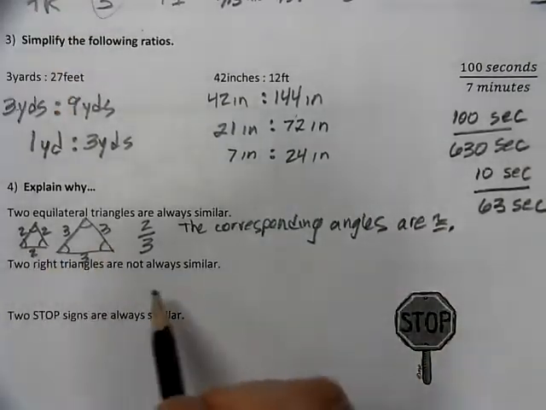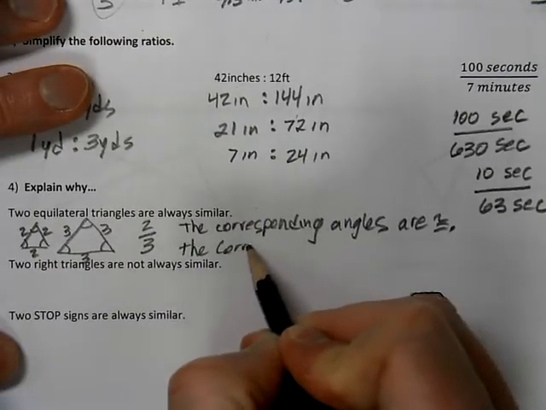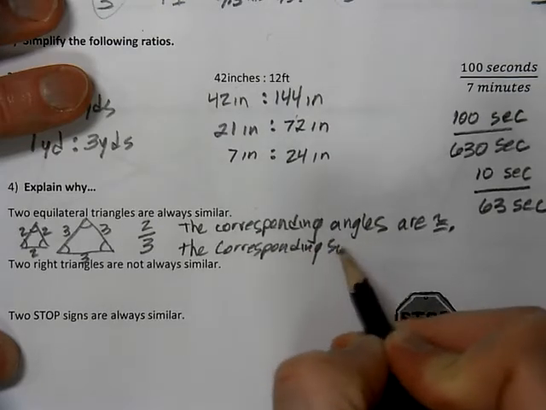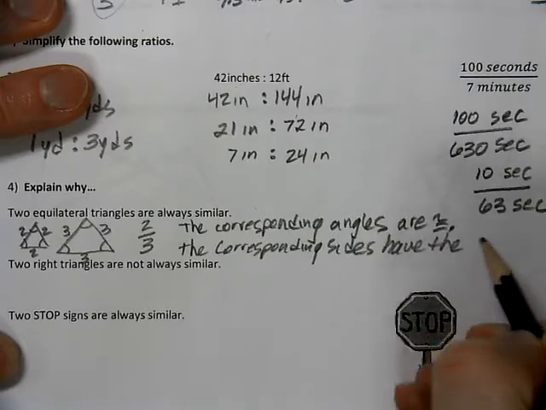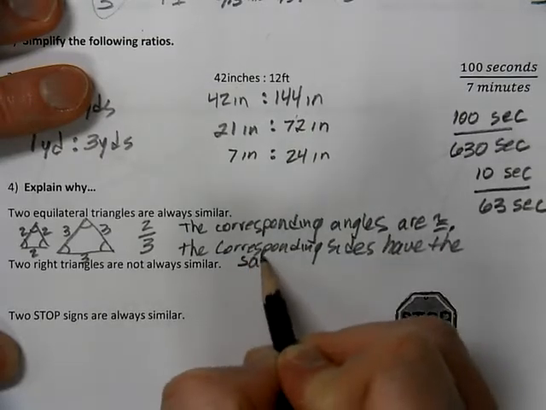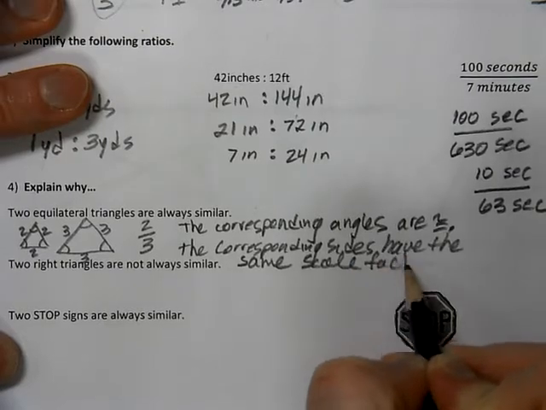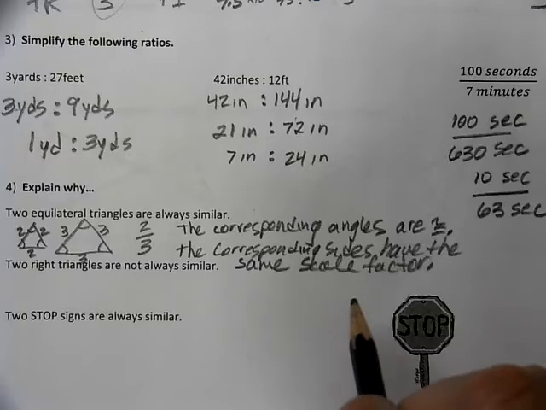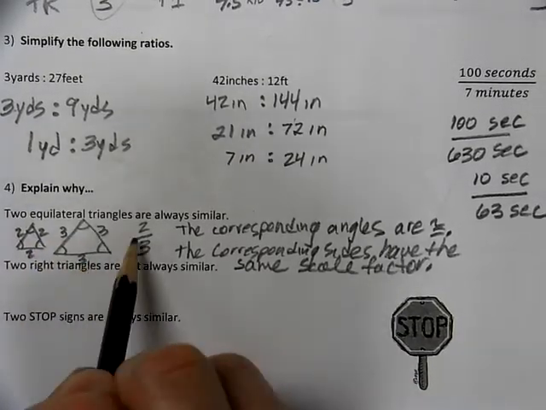They happen to all be 60. The corresponding sides have the same scale factor, which means the corresponding sides are all going to be 2 to 3.